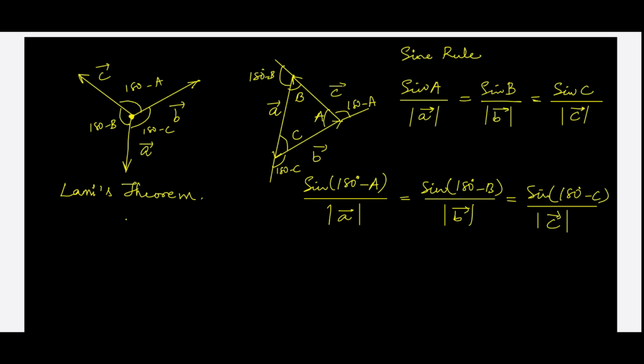So that is what this is. To write it vectorially, vector A plus vector B plus vector C equals 0. All the x components, y components, z components should add up to 0.